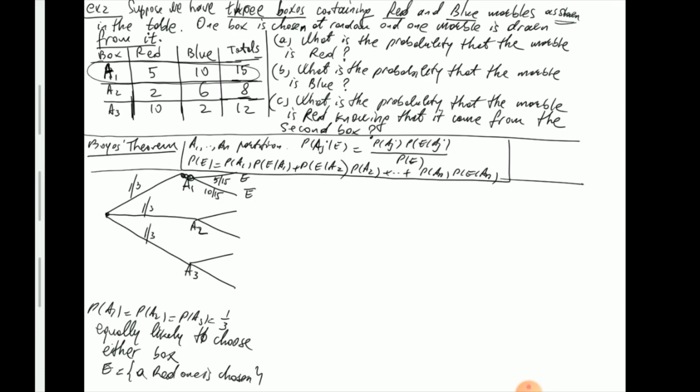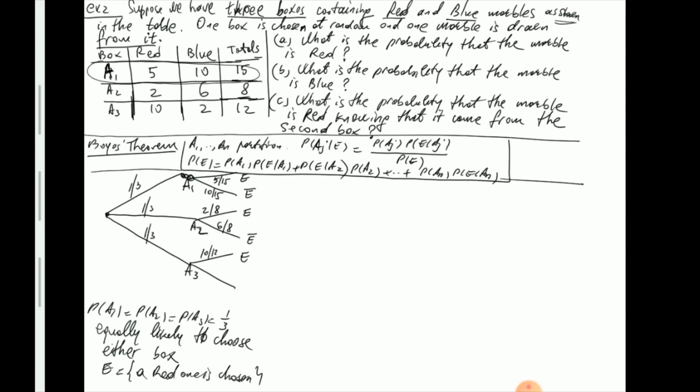So again, the conditional probabilities can be computed now from the table itself. Assuming that you extracted the marble from the second box, A2, what is the chance that it is red? Well, there's 2 red ones out of 8 total marbles. So that's 2 over 8. And then the complement, of course, is going to be 6 over 8. Finally, if you extract the marble from the third box, there's 12 of them, of which 10 are red.